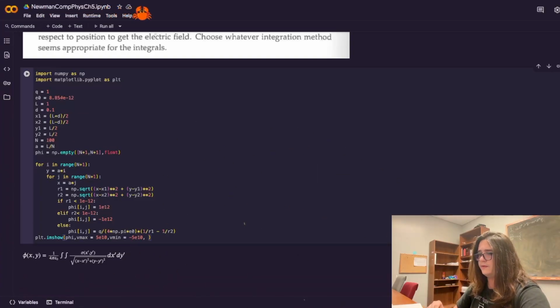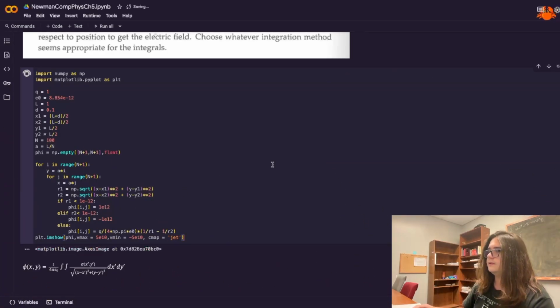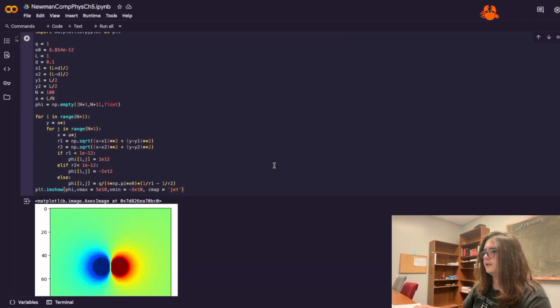That way, if a value gets too high or too low, it just won't show up on the plot, and then the other colors around it will change to fit those maximum and minimum values. And so the color map that we're going to choose, the cmap argument in here, I like the jet color map for this one. So let's give this a run, see what it looks like.